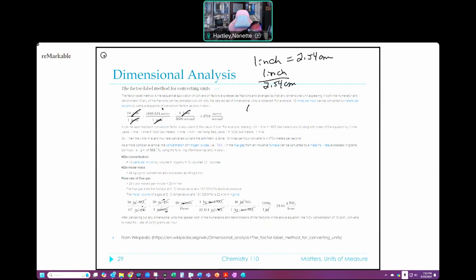So 10 miles per hour. 1609.344 meters per mile. Trying to get my abbreviations right because I use the abbreviations.